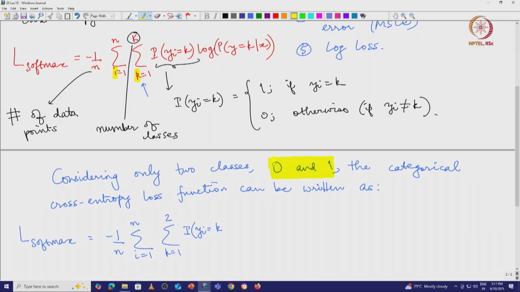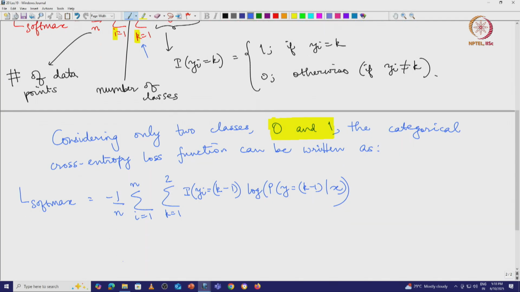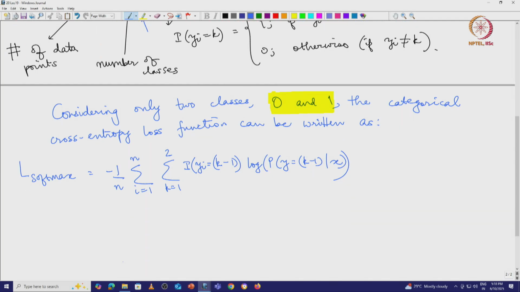So if k goes from 1 to 2, you should write yi equals k minus 1, because only then yi can take the values 0 and 1. Then log of p of y equals k minus 1 given x. So this is what our categorical cross entropy loss function looks like.